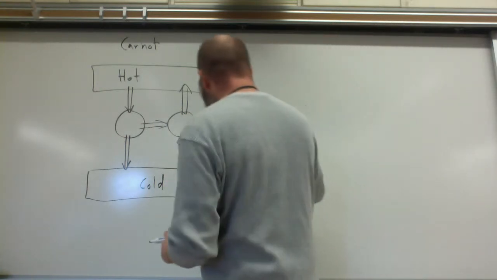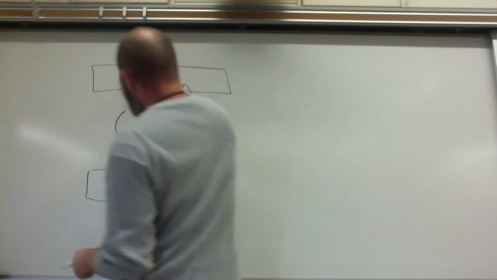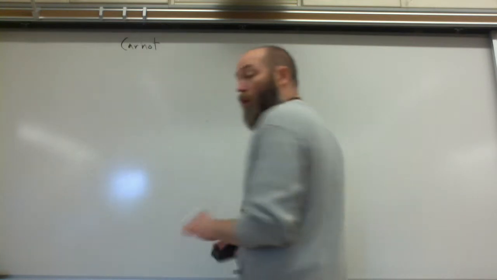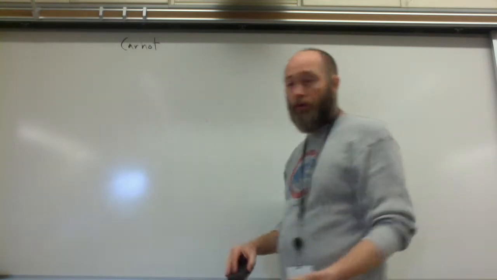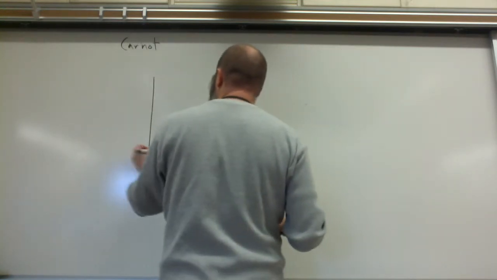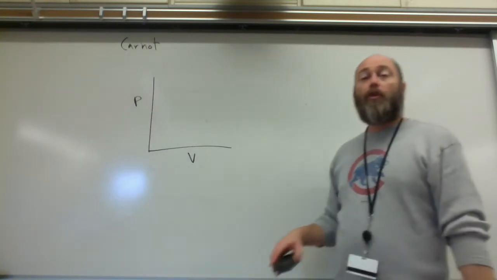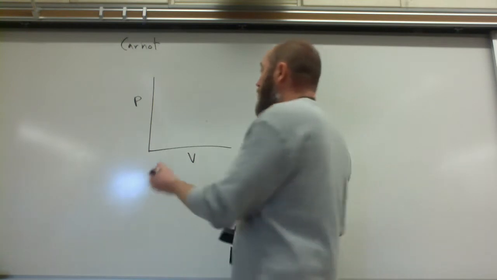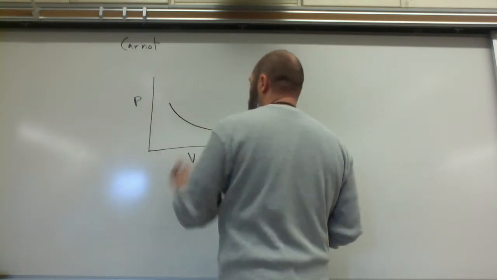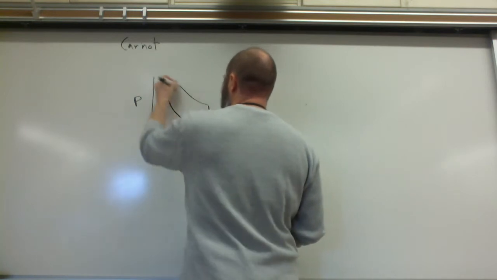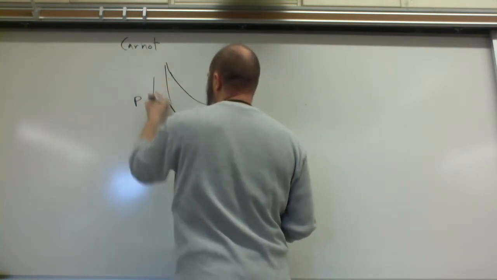What a Carnot cycle looks like. A Carnot cycle has only reversible cycles. So if this is P and this is V, your Carnot cycle would have an isothermal, adiabatic, isothermal, adiabatic.